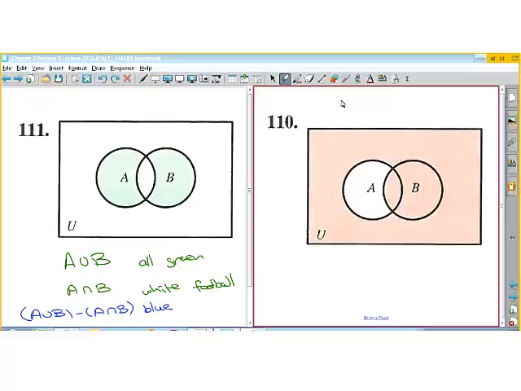So we have A, and we're getting rid of this. What does getting rid of mean? Subtract. Yeah, well, A intersect complement B, or A minus B. A minus B is the easy one. So the white area would be A minus the stuff that's in B. It's that little moon shape.